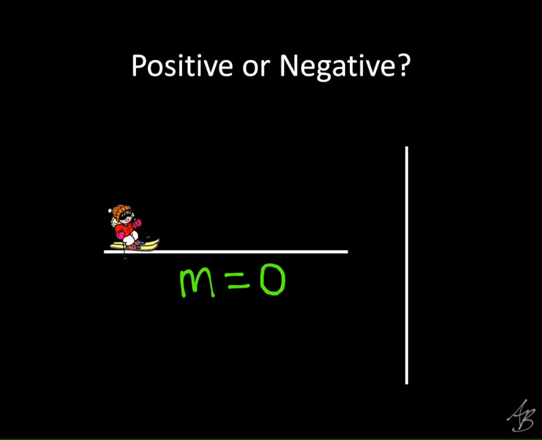But just remember that it's M. So if it's a horizontal line, the slope equals 0. If it's a vertical line, it's undefined. And the way I like to remember that, the way I'll never forget it, is that if we put a skier on the side of the cliff here, he's going to fall off and become undefined.